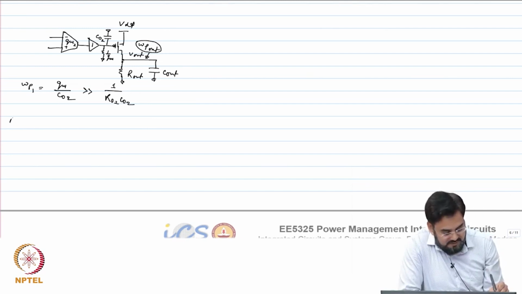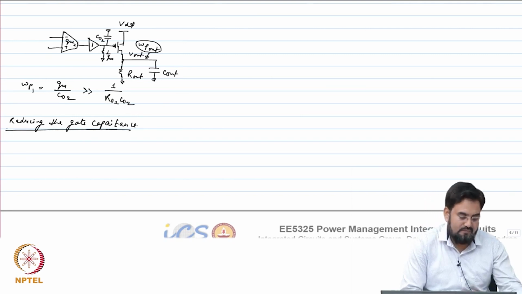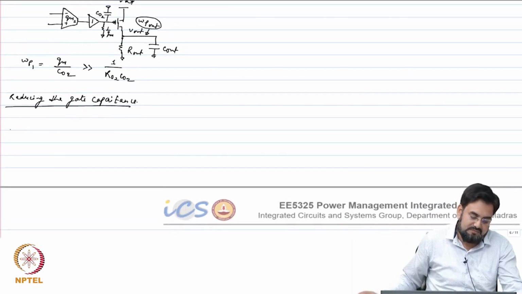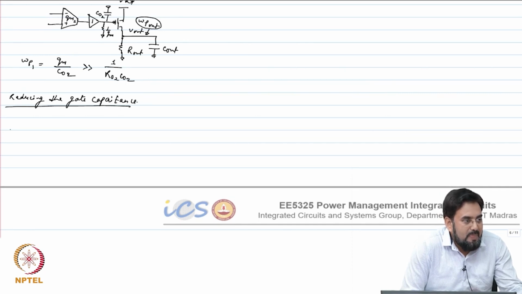Now reducing. So for the same GM, we know the NMOS mobility is higher compared to your PMOS.